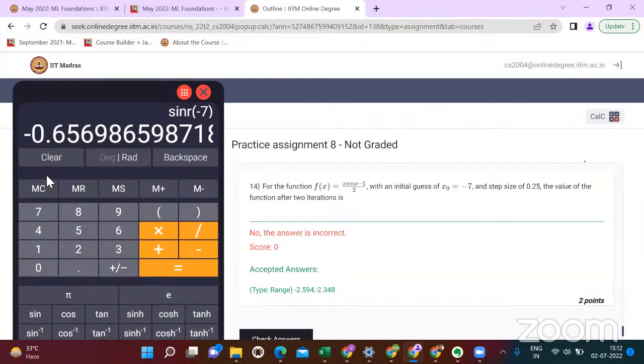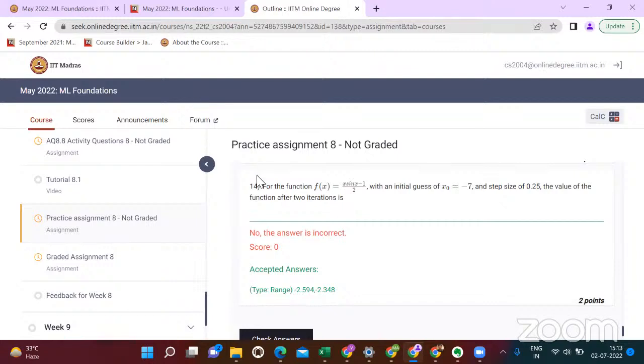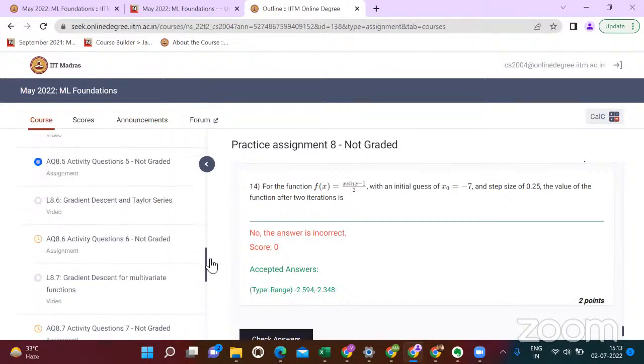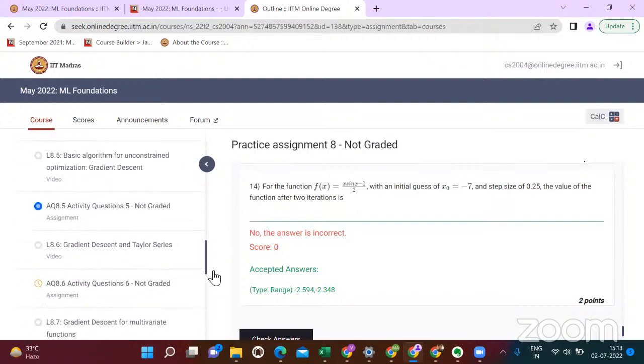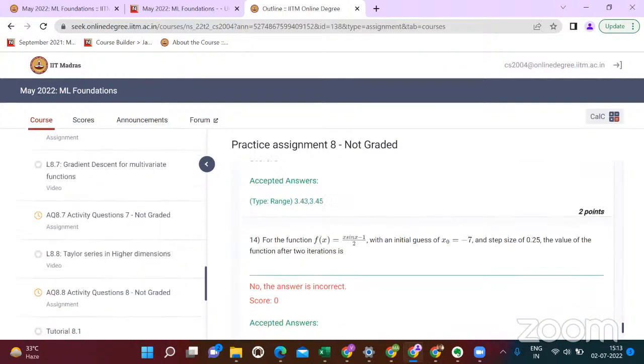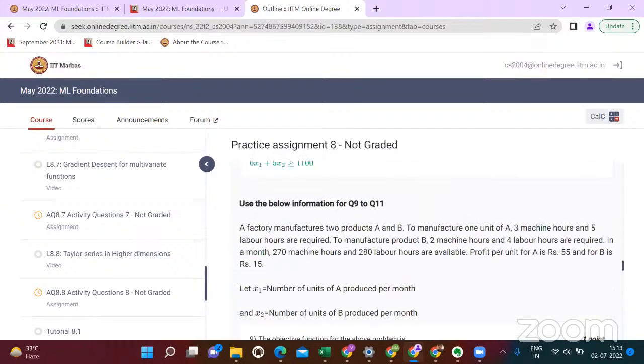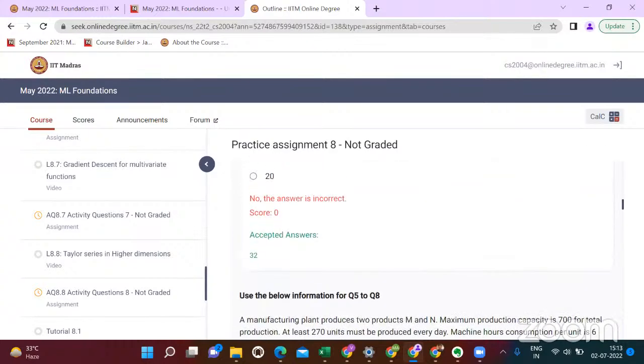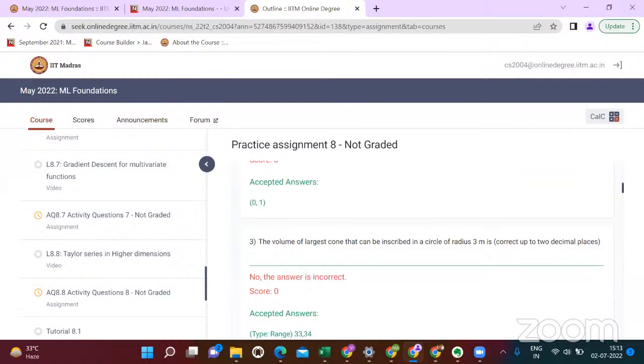Sir, in practice assignment question number 3 I'm also having a bit of a problem. Practice assignment 8, question number 3: the volume of the largest cone that can be inscribed in a circle of radius 3.